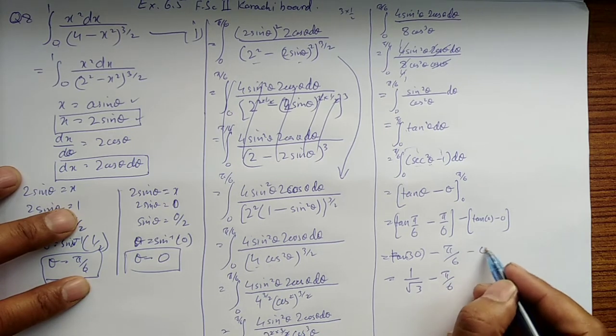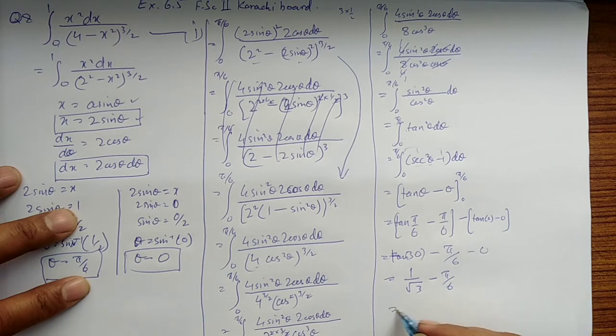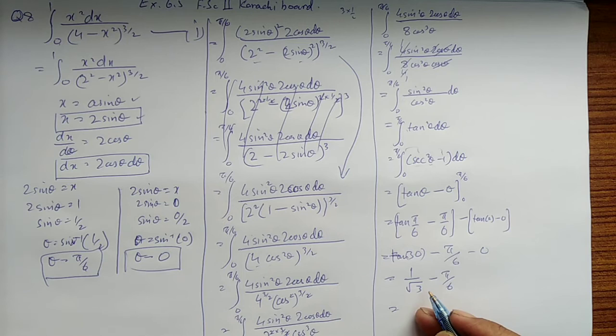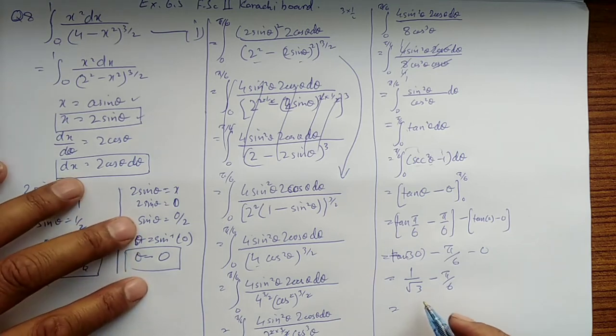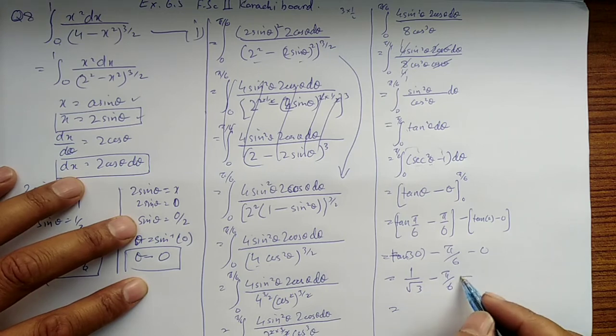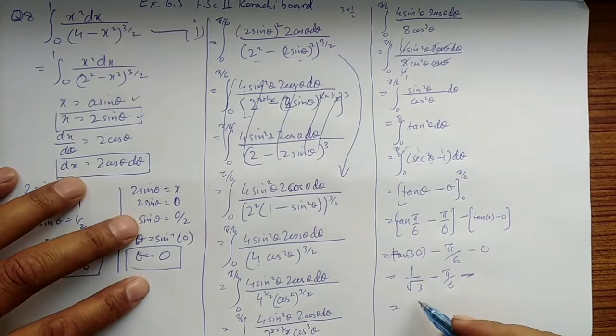This is a value 0. So simplifying this, we can write this in another form, and this could be your answer.